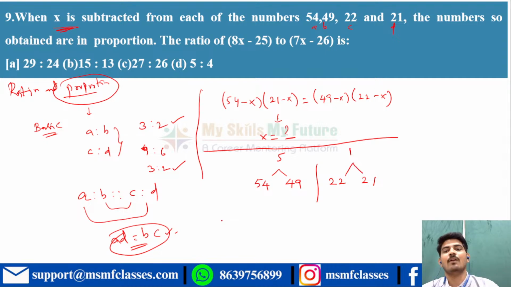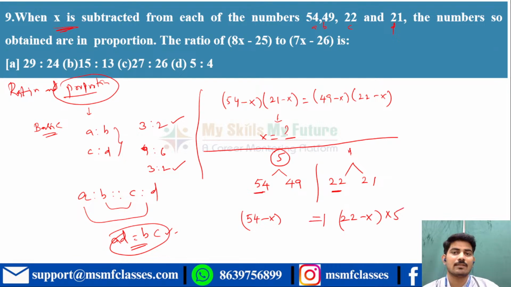Now what you need to do is, in the first ratio take the first number, 54 minus x, and in the second ratio take the first number, 22 minus x. Whatever difference is present for the first ratio has to be multiplied with the second ratio, and that equals the difference for the second ratio multiplied with the first.